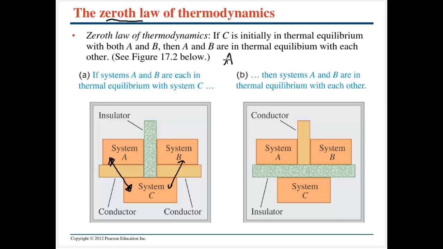Then we can say that A is also in thermal equilibrium with B. So in a sense, we could say that there's going to be no net heat flow between A and B, simply because both of them are in thermal equilibrium with C.